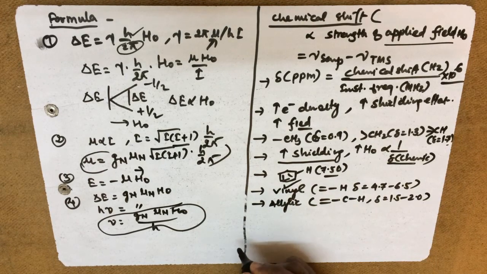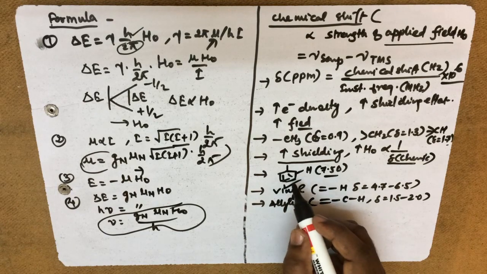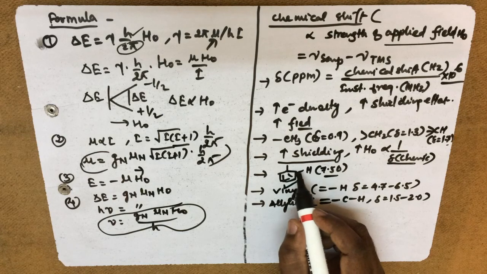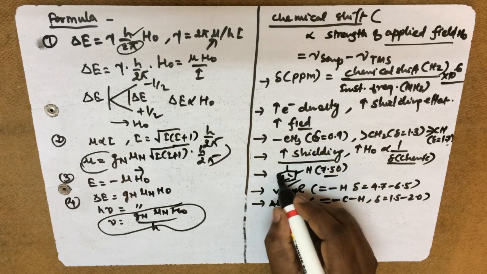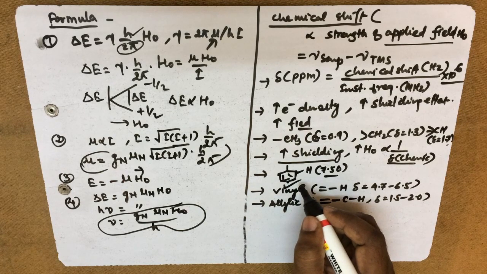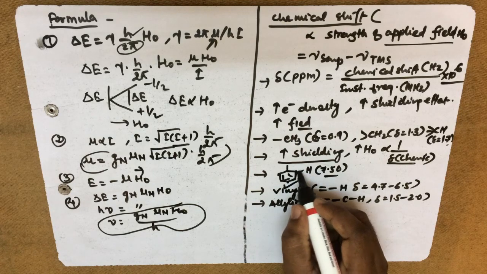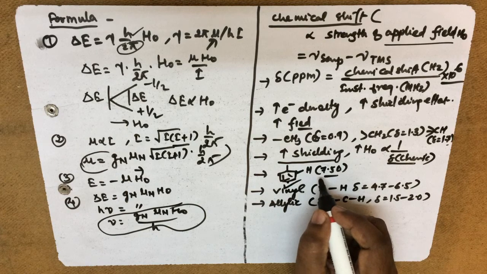Similarly, if any electron releasing group is present on your benzene, then your ortho or para position will be electron rich. If electron rich means shielding, then your delta value will decrease.